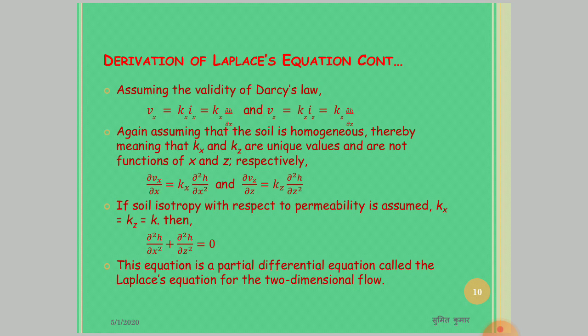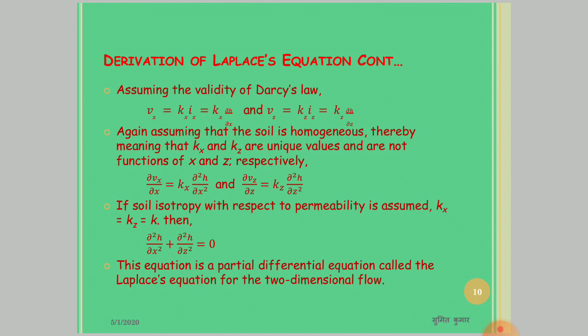Again, assuming that the soil is homogeneous, that is, kx and kz are unique values and are not functions of x and z respectively. And from the isotropic assumption, we can write permeability in all directions will be the same, meaning kx is equal to kz.